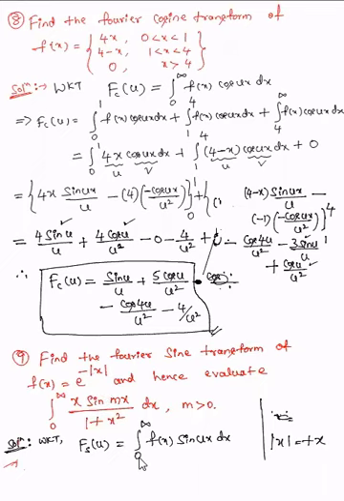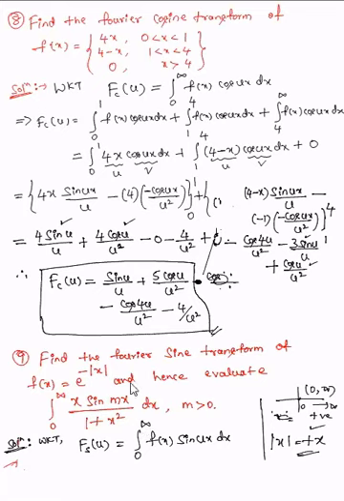The reason is, see the formula of your sine transform. The formula of sine transform is from 0 to infinity. So 0 to infinity means it is only a positive interval, correct? So 0 is here and infinity somewhere here. So it is a positive interval. So in case of 0 to infinity, positive interval, mod x becomes plus x.